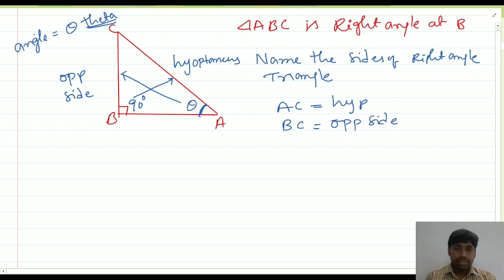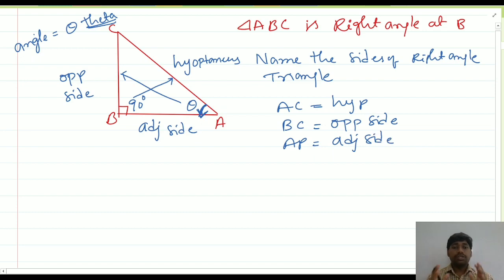The side adjoining the angle is called the adjacent side. So AB is called the adjacent side. If the angle is present at A, then these are the names of the sides.